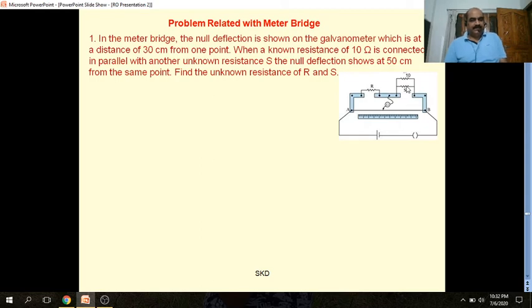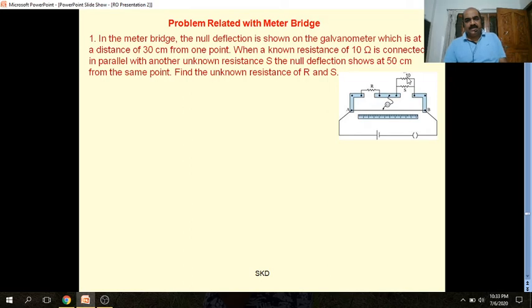What will happen if anybody asks: by connecting something parallel to S, in which side is this jockey shifted, towards A or towards B? So you have to think about this connection. There is a parallel connection between S and 10, and as we know, the parallel combination of two resistances gives an effective resistance less than the least one.